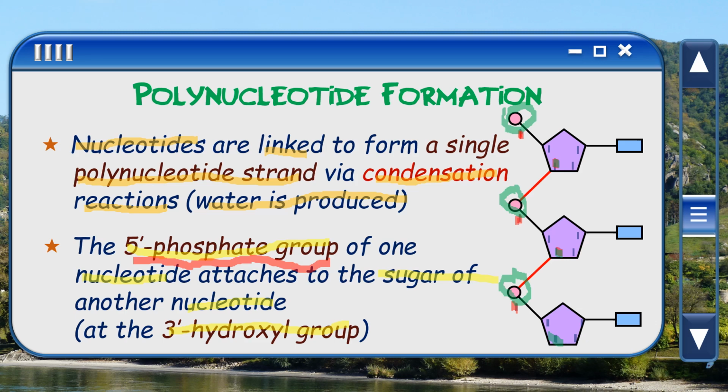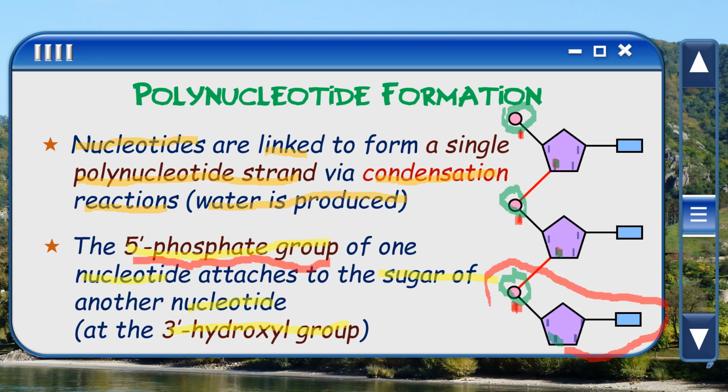This one is attached on carbon atom number 5, which is there. And this one is attached on carbon atom number 5, which is there. So they are saying the 5 carbon atom phosphate group is on carbon atom number 5 of one nucleotide, of this nucleotide here.